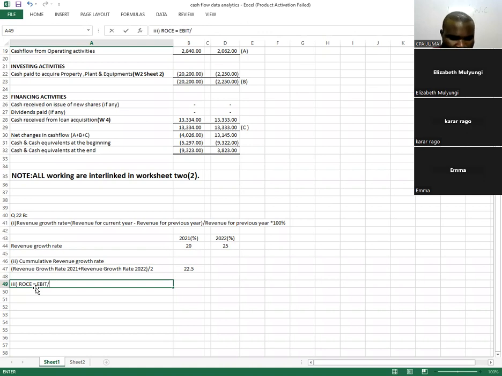You divide by working capital, which is the net assets, and multiply by 100, return on capital employed times 100%.